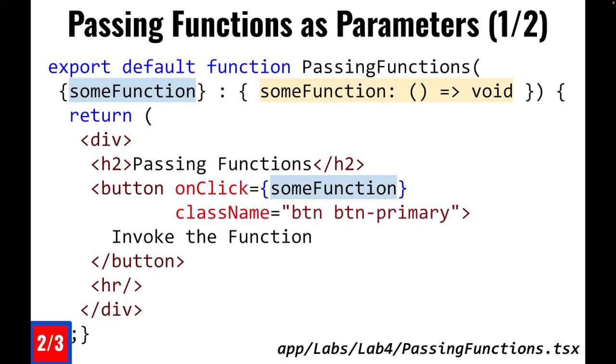Usually it's a way of sharing behaviors between multiple components that are too complex to have all in one component. Typically you break it up into multiple children components, but then you have to share data, share behavior, share functions. It's very common to pass a function as a parameter.